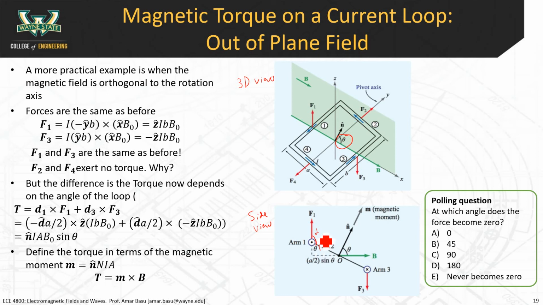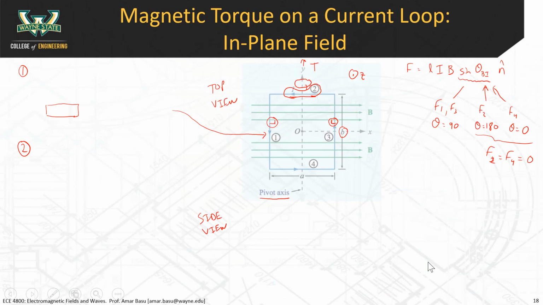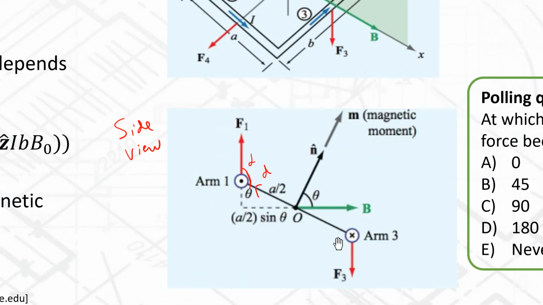And the way you see in this diagram here, this alpha and this theta are related to one another. So this is 180 degrees, so theta is equal to 180 minus alpha.